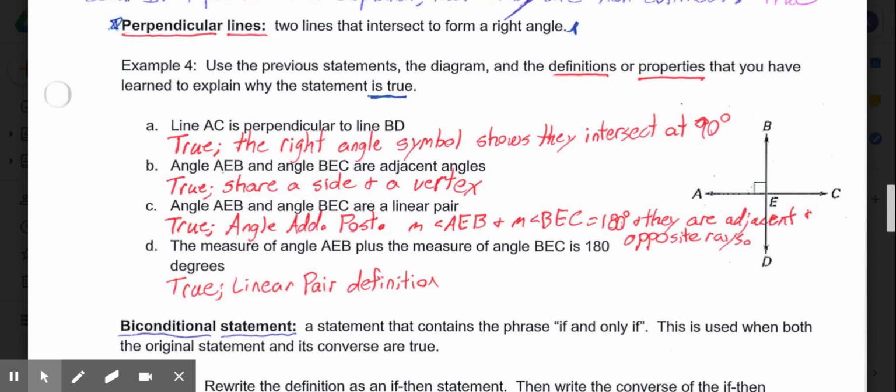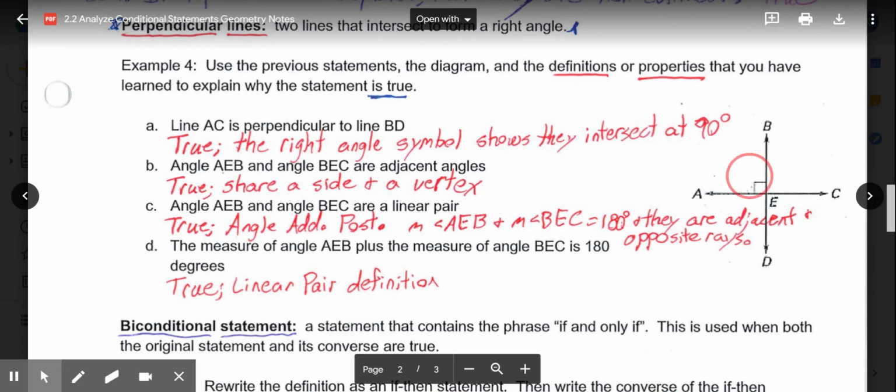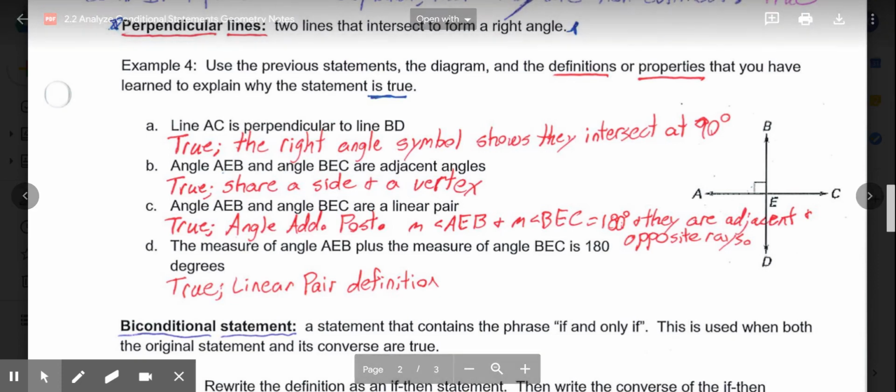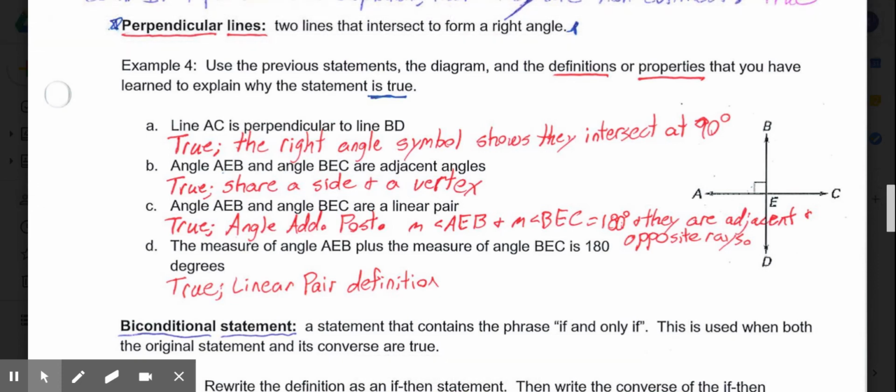In C, angle AEB, so this angle here in the upper left again, and BEC, the one in the upper right, are a linear pair. That's also true because of the angle addition postulate, meaning if 2 angles add to be 180 and they're adjacent, then they are a linear pair.